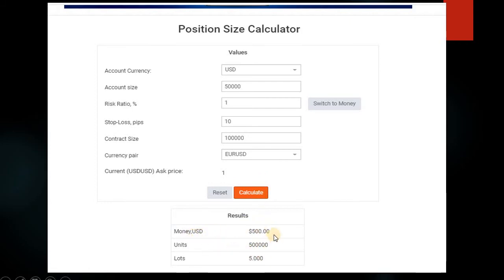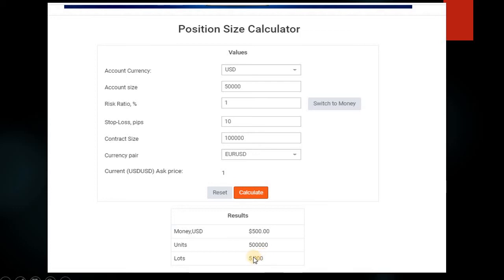What did we see? It means that we are willing to lose just $500 of our account, which is the equivalent of 1% of a $50,000 balance, and the lot size that we are to use in order to achieve this minimum risk is now 5.000.